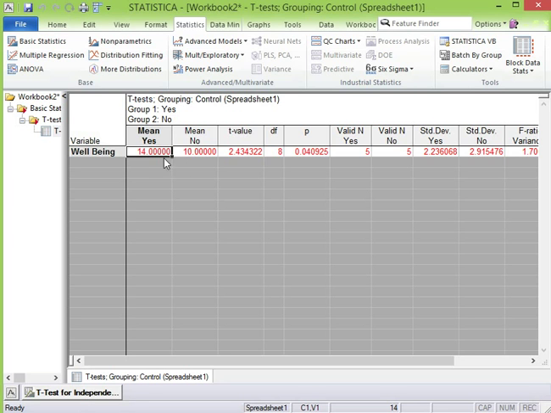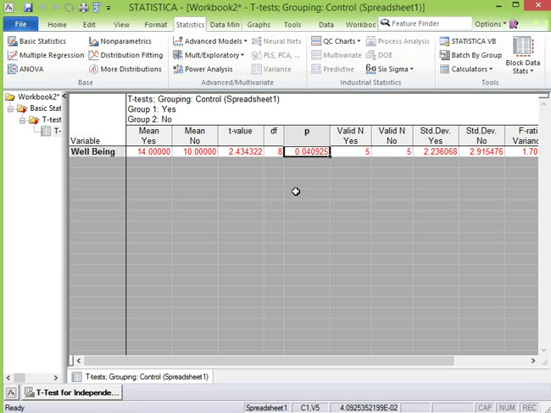Or we can say that the difference between 14 and 10 happened by chance with a probability of less than 0.05, or 0.04 to be exact.